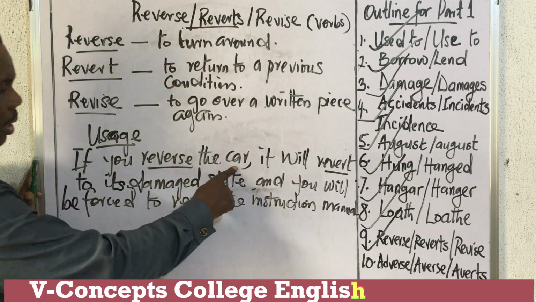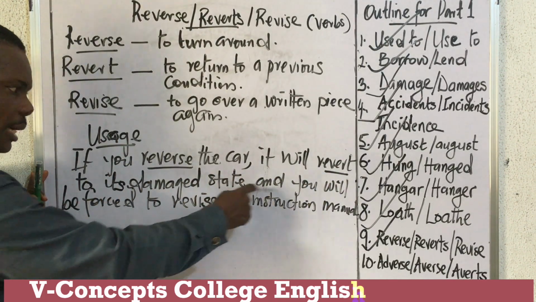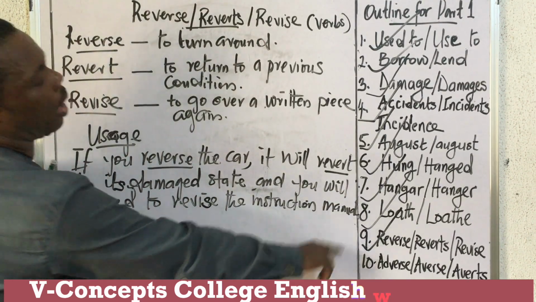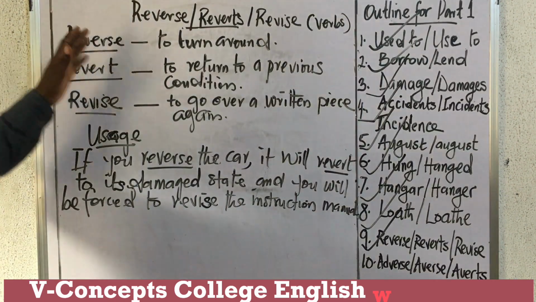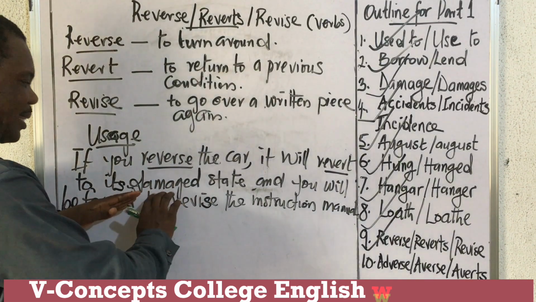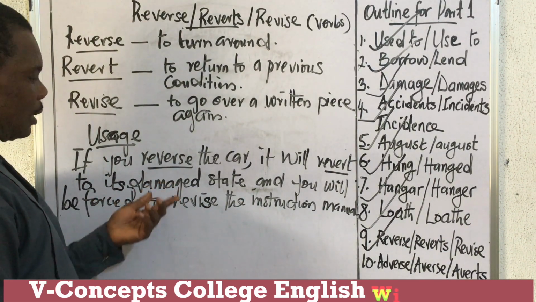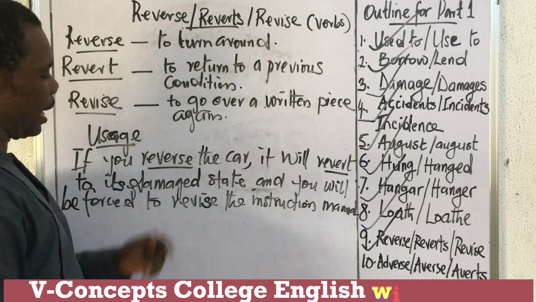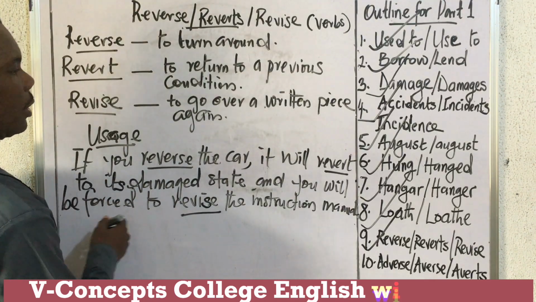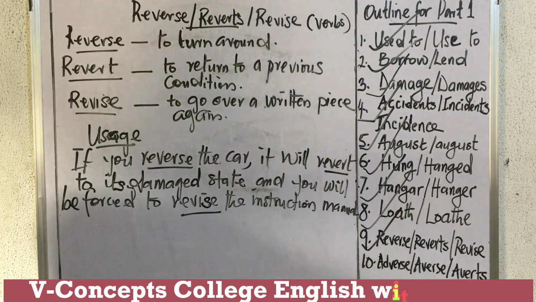If you reverse the car, it will revert to its damaged state, and you will be forced to revise the instruction manual. So to reverse, if you turn the car around, it will go back to its previous condition, its damaged state. We use the word damage because it can take verb form, and that's why we're adding D here. And then you will have to go and revise the instruction manual. So this is how these 3 words can appear in a single expression.